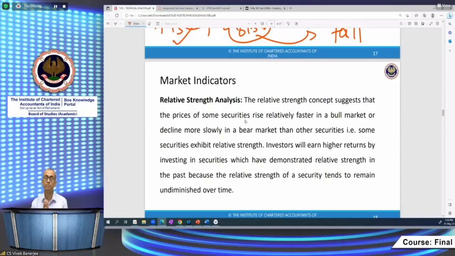So technical analysts will likely invest in or recommend those shares in which the relative strength is relatively high. It means the chances are that these share prices will rise more in comparison to other shares. Let us take an example.